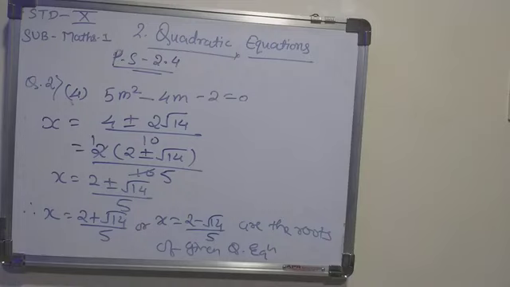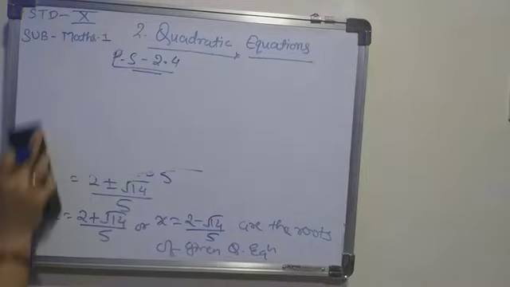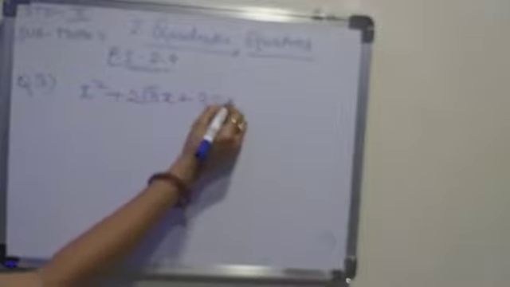Now see question number 3. They have given you the flow chart in question number 3. The rest of the process is the same, so we'll directly solve the equation. The equation is x raised to 2 plus 2 under root 3x plus 3 is equal to 0.